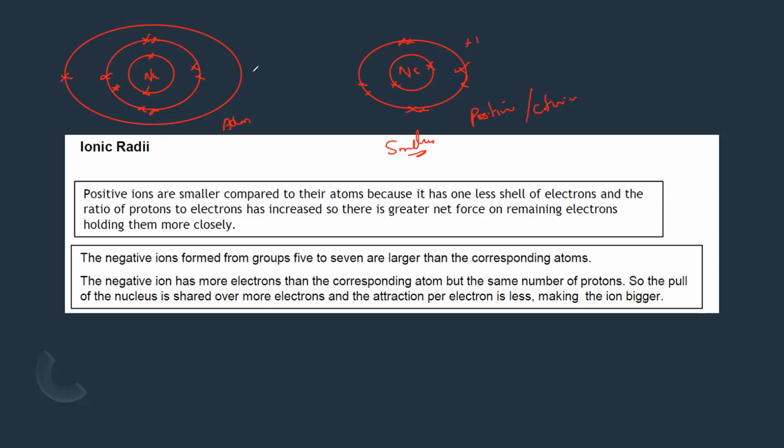And the opposite will happen for the size of the anion. For example, chlorine has 2 electrons in the first shell, 8 in the second, and 7 in the third. And then we have the chloride ion.